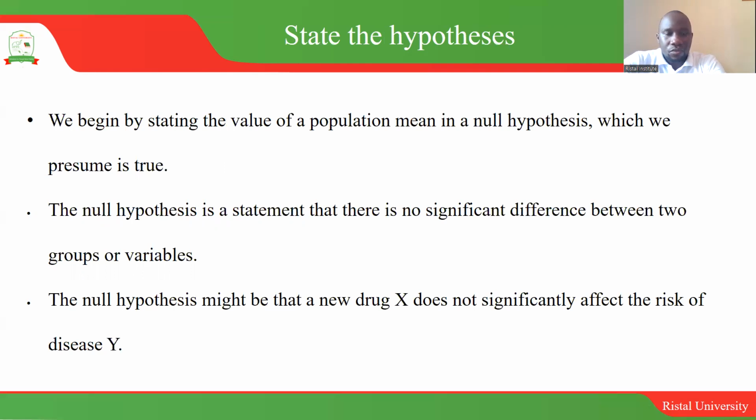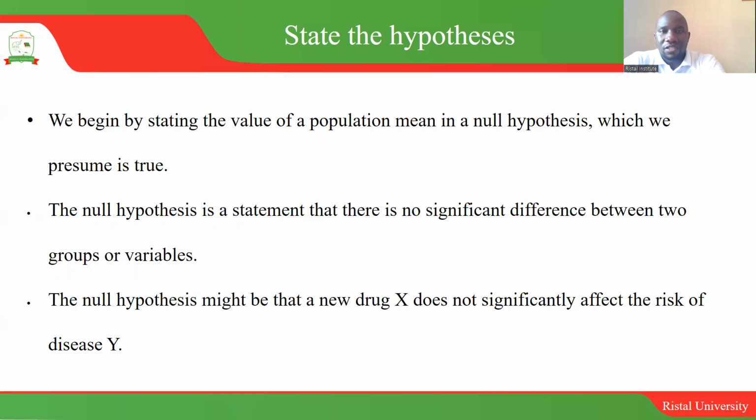Okay. The first one is what you call the null hypothesis, which is basically stating that whether you use drug Y or X, it does not really contribute to anything. There is nothing that the two will have on health.